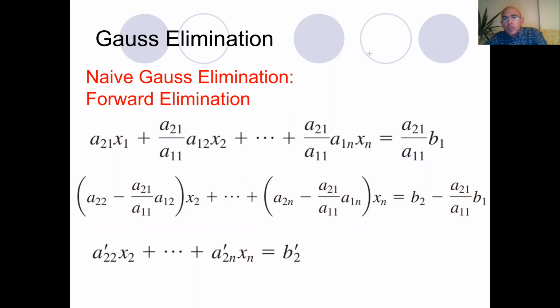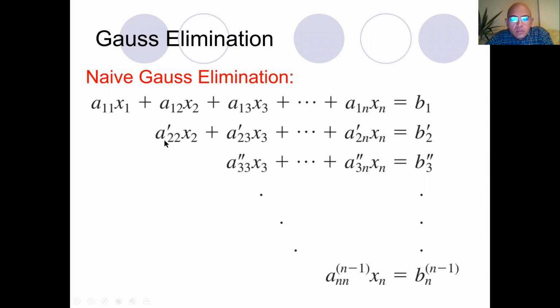So this is what we do, and at the end, if we do it for all of the rest of the equations, eventually x1 will be eliminated from all of the equations, and we are left with the equations without a term x1. This is called forward elimination. As a result, we end up with such a system of equations.